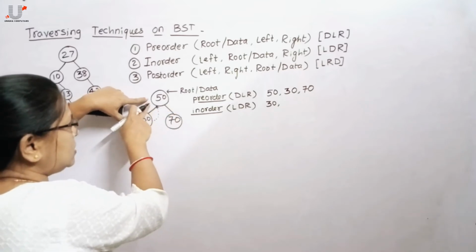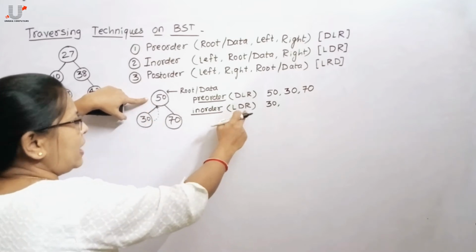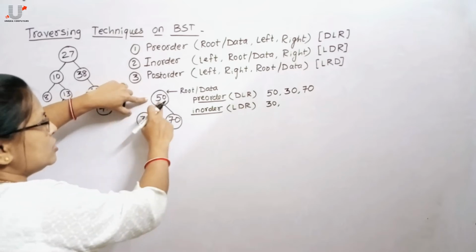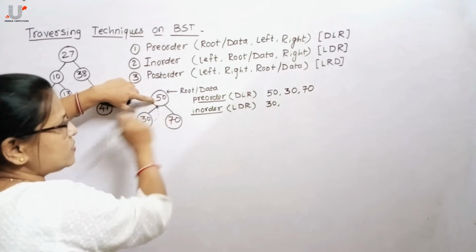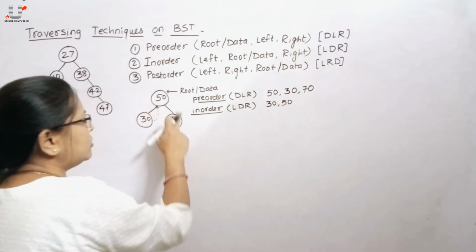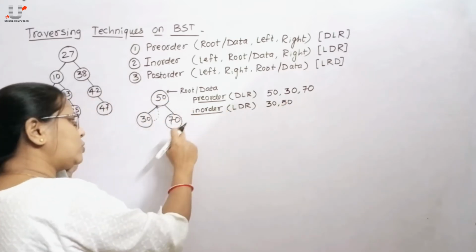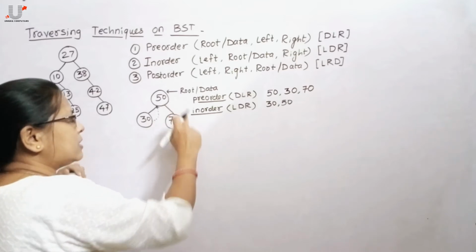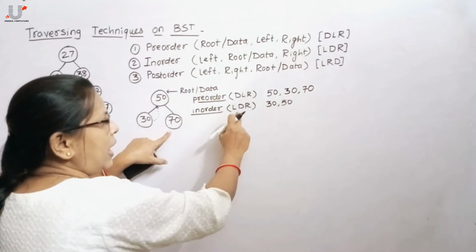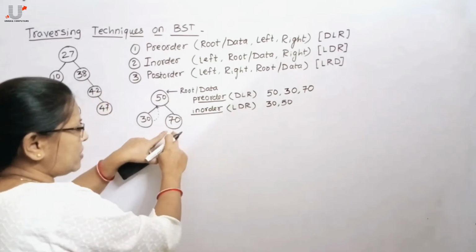Then on this 50 again apply LDR. As the left subtree has already been processed, apply D on this 50. That means 50 gets displayed. Then apply R. R means move to the right subtree. As the right subtree is not yet processed, again apply LDR on this 70.